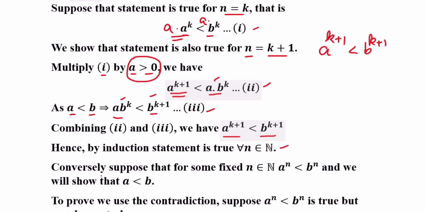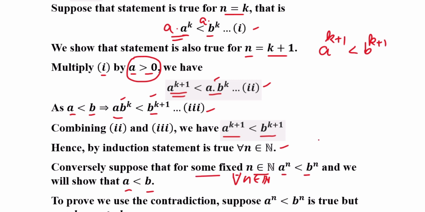Now, conversely, we suppose that for a fixed n belonging to N, A raised to power n is less than B raised to power n, and we will show that A is less than B. Here we cannot write that the statement is true for all n belonging to N. Actually, we will fix any positive integer.